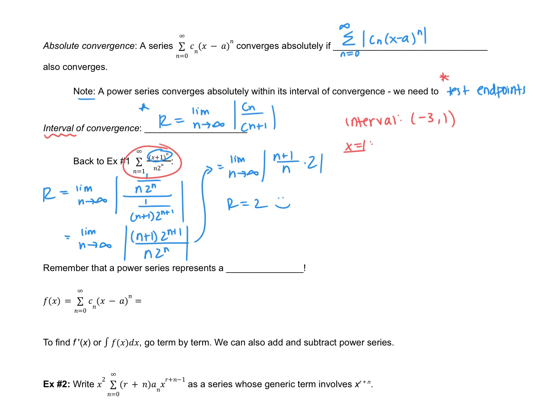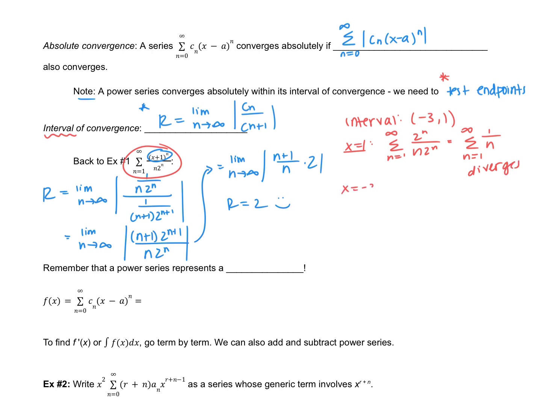So if we plug 1 in, we're going to get the sum from n equals 1 to infinity of 2 to the n over n, 2 to the n, which is just the series from n equals 1 to infinity of 1 over n. And so you just need to remember that one. You need to remember that that series diverges.